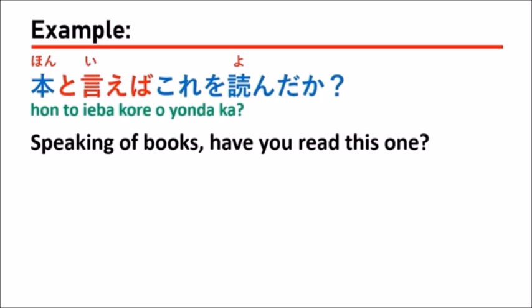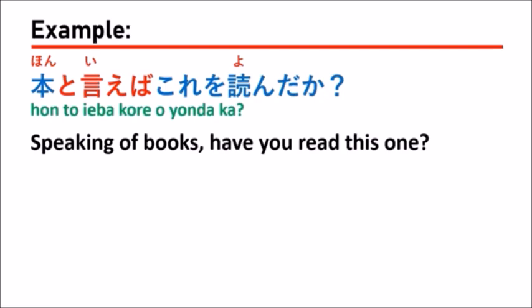Hon means book or textbook. After that we follow with to ieba, which means if we're talking about books, right? Kore o yonda ka? Have you read this one? Kore means this one.